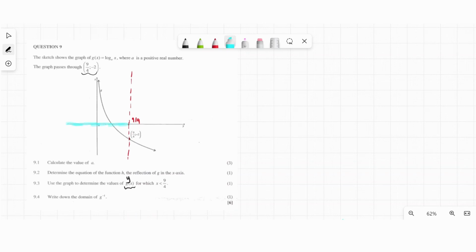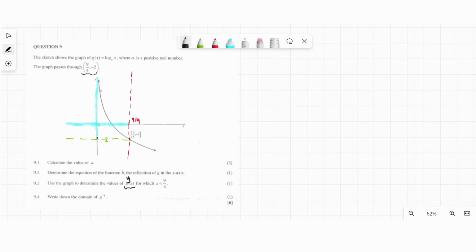But we need to give our answer in terms of y. The one that corresponds with 9/4 is -2. So it's going to be here. So when x is less than 9/4, it's from -2 till positive infinity.